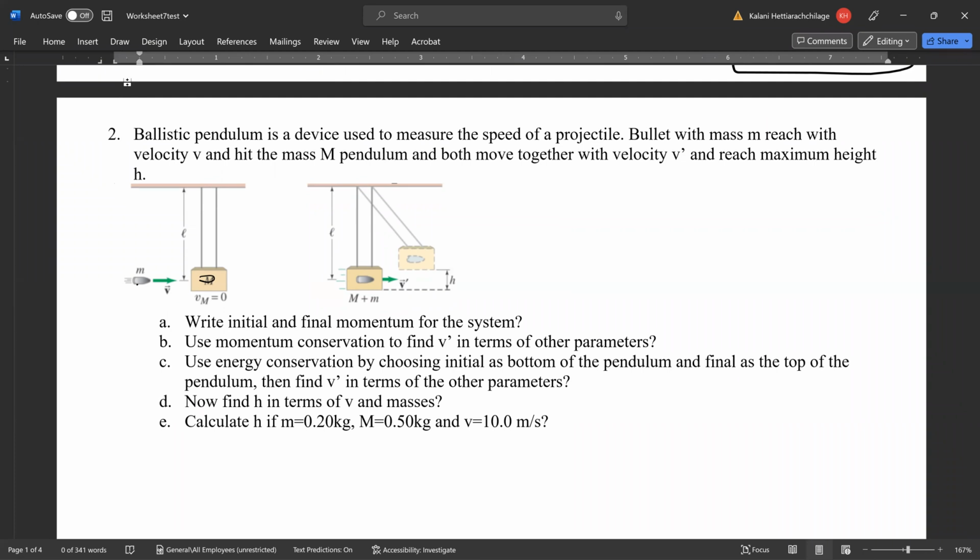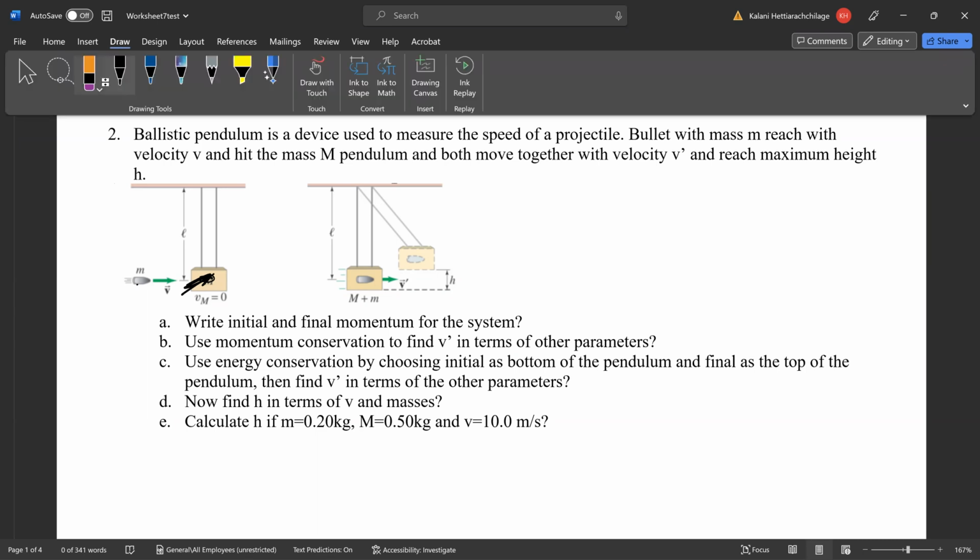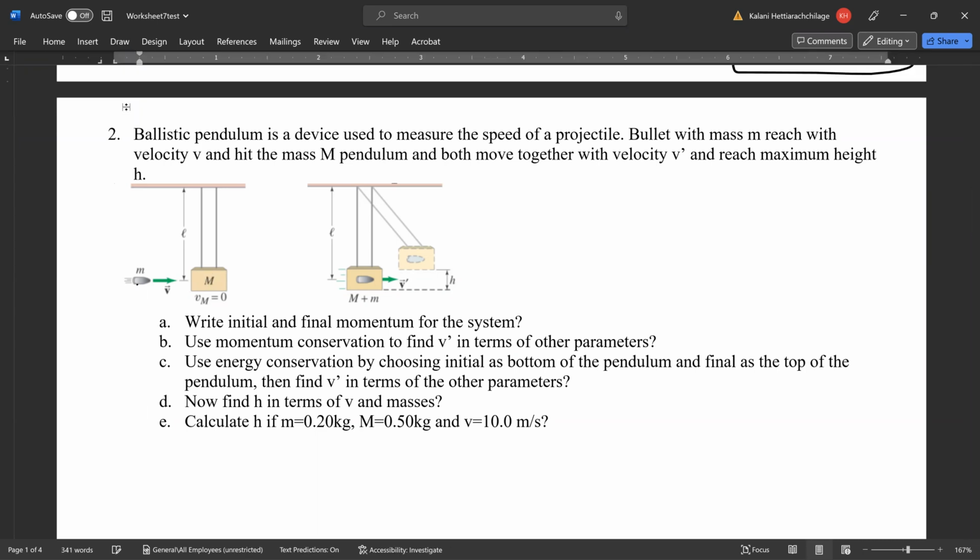Now the important thing here is that we're going to use a combination of conservation of momentum and also conservation of energy. You will see why we need both of them.